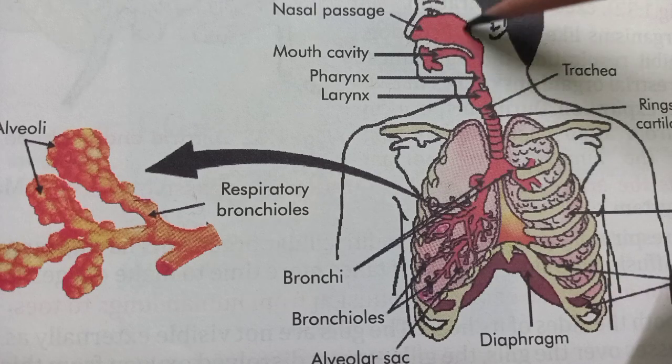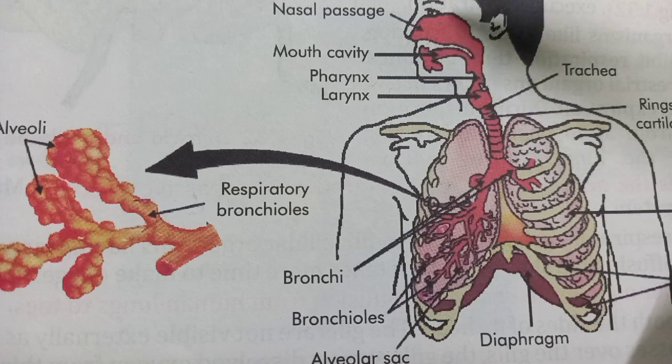Now the third part which is present in the nasal chamber is the olfactory part. It is the posterior part lined by sensory olfactory epithelium, and it helps in perceiving the sense of smell. And the nasal chamber has three pairs of scroll-like projections called turbinates.